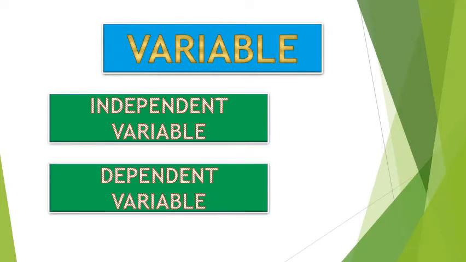These two are interrelated because without the one, the other cannot exist. And this has a vital role in research because in order for us to have the foundation or the standpoint, we need first to identify the variables being involved in a study.